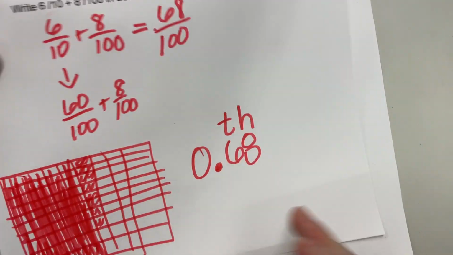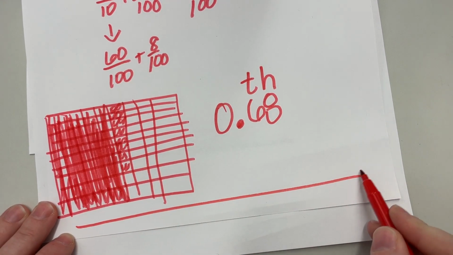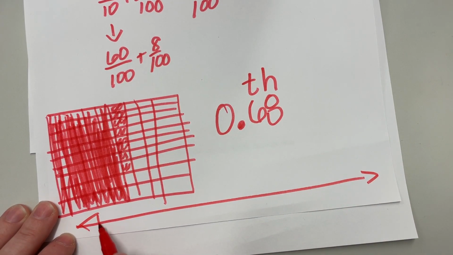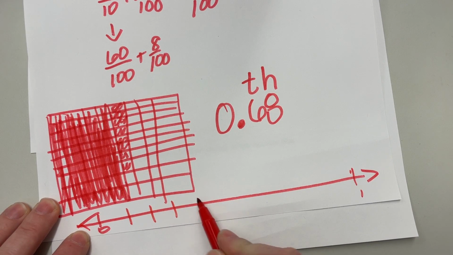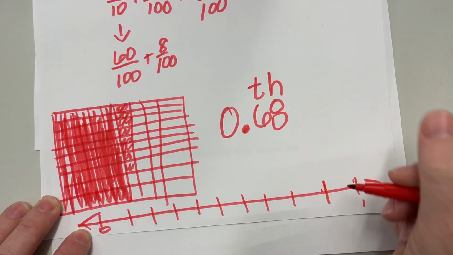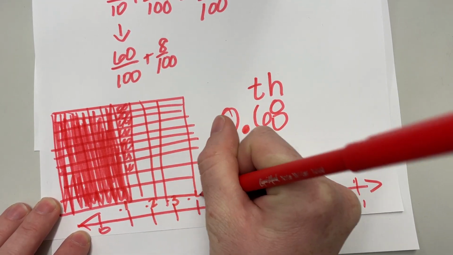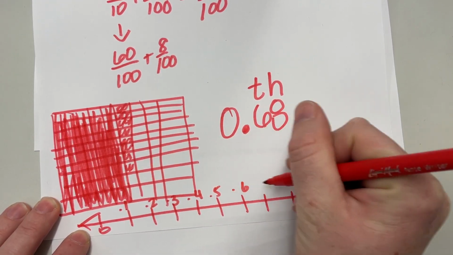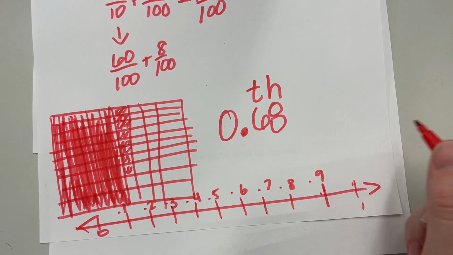Now I need to represent that on a number line. So if I go from 0 to 1, 2, 3, 4, 5, 6, 7, 8, 9. So I have 1/10, 2/10, 3/10, 4/10, 5/10, 6/10, 7/10, 8/10, 9/10, and then a whole.